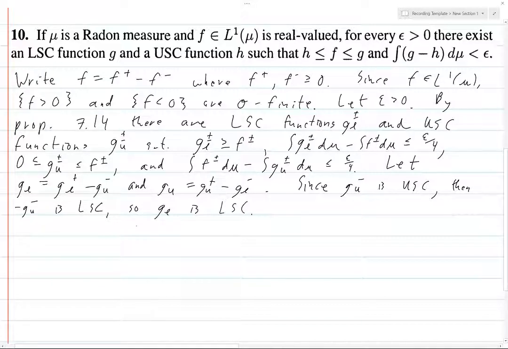That's because we know that if you take two lower semi-continuous functions and add them, the sum is lower semi-continuous. That was one of the propositions near the beginning of the part on upper and lower semi-continuity. And then by similar arguments, which I'm not going to write out, GU is upper semi-continuous. You basically just flip the U's and the L's and everything, and it just works out. What else do we need?